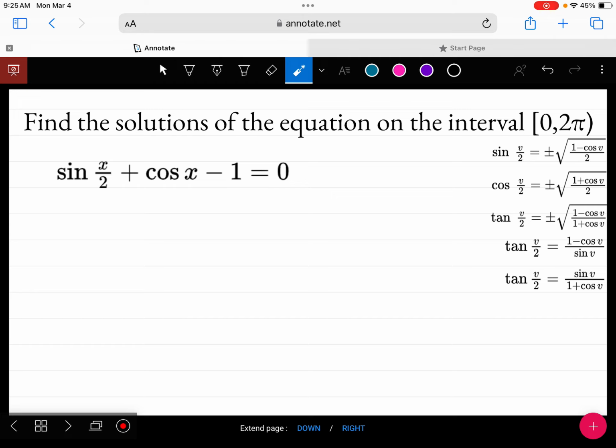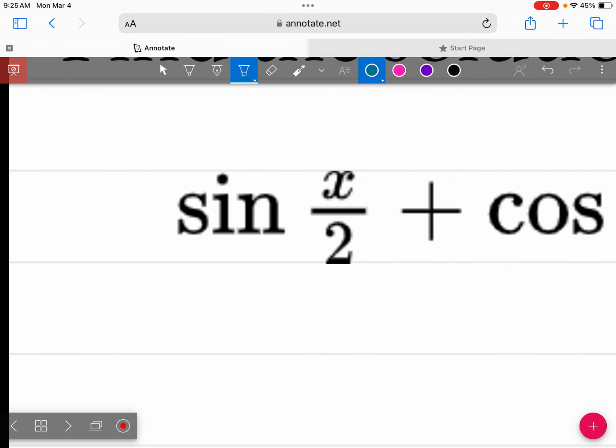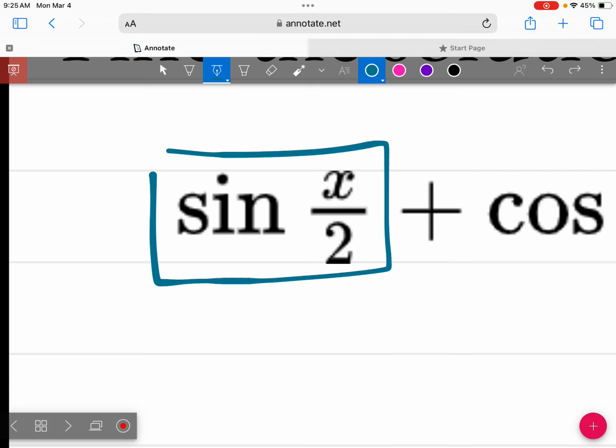So what we have is sine of our half angle plus cosine of the whole angle minus 1. Well, we know that sine of the half angle we can write as this formula over here. So that's exactly what we're going to do. I'm going to change this back to the full thing. I'm going to replace this piece with our whole formula for the half angle.